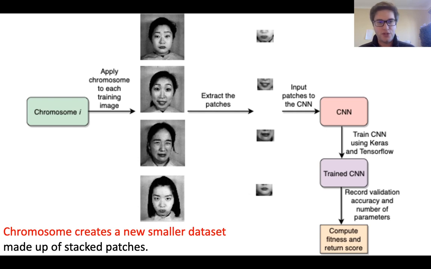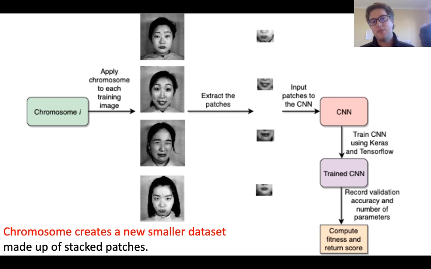So we take one chromosome and apply it to each image in the training data set. And essentially, a chromosome extracts patches. So depending on the number of patches in the chromosome, we would extract 1, 2, 3, or 4 or more patches. And by extracting the patches from each image, it helps us create a new stacked data set.